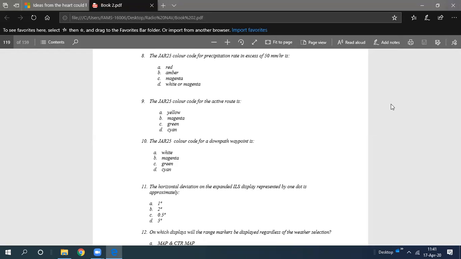Again, magenta. Question number 10, please. Can you read the question a bit louder? The JAR 25 color code for a downpath waypoint is. What is a downpath waypoint, sir?